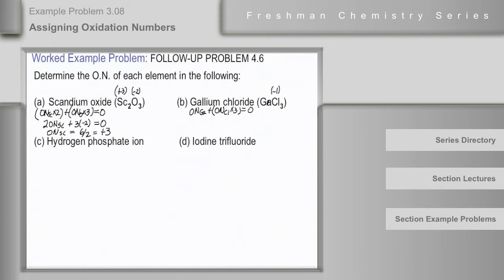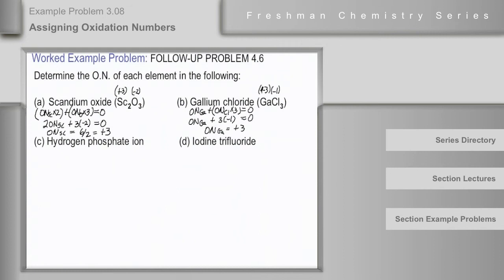And we have to solve for the oxidation number of gallium. So oxidation number of gallium plus 3 times -1 equals 0, and oxidation number of gallium equals +3. Okay, so we put a +3 up here for the gallium.